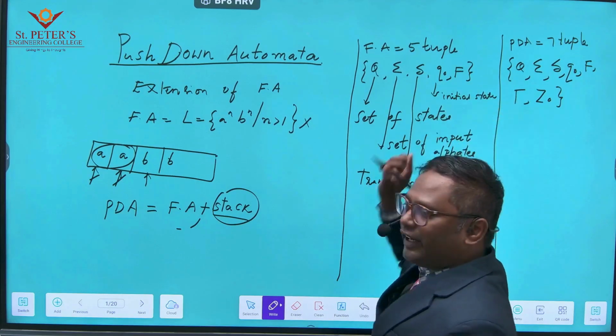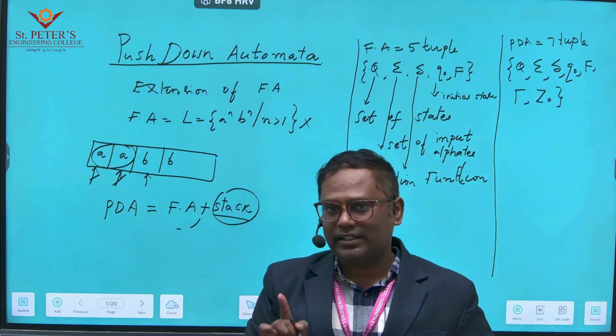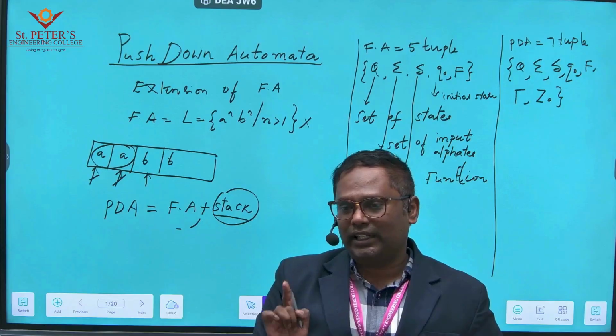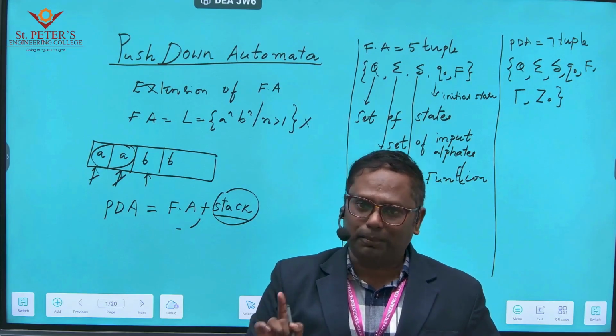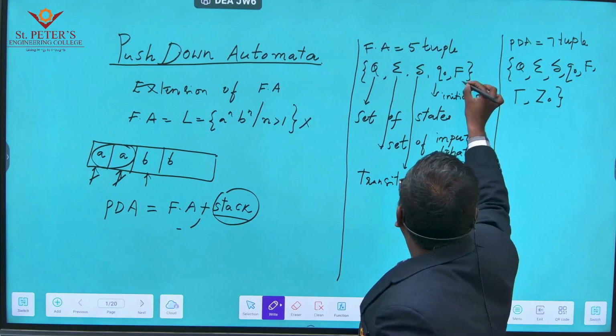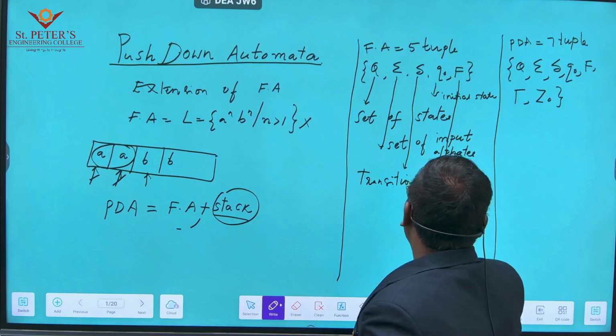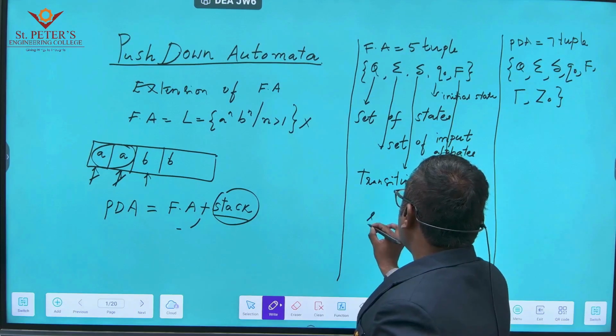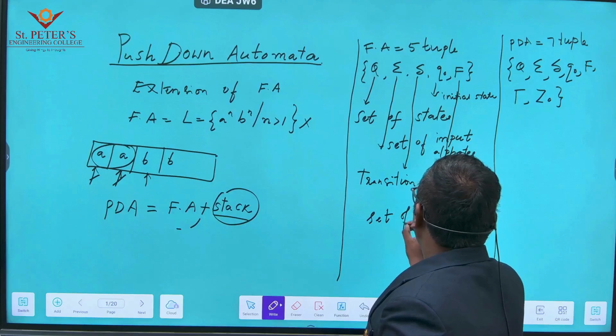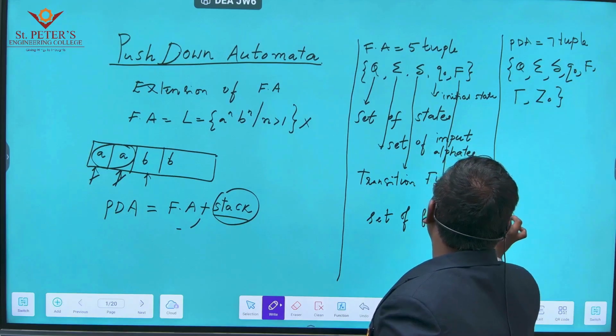In every finite automata you consider, there will be a single initial state, because that initial state represents the starting point. A finite automata can have any number of final states, so I am going to write the set of final states.